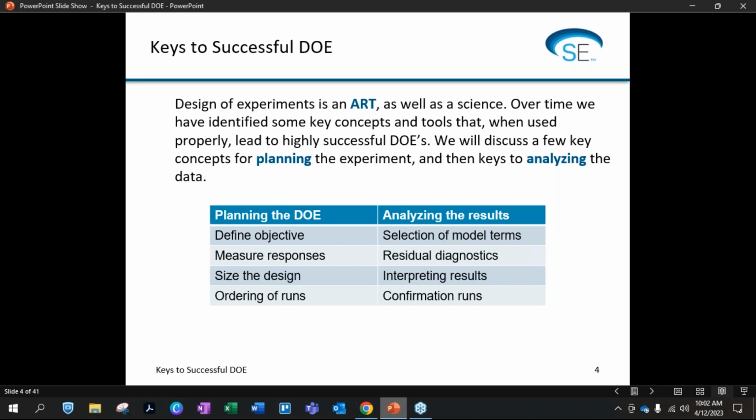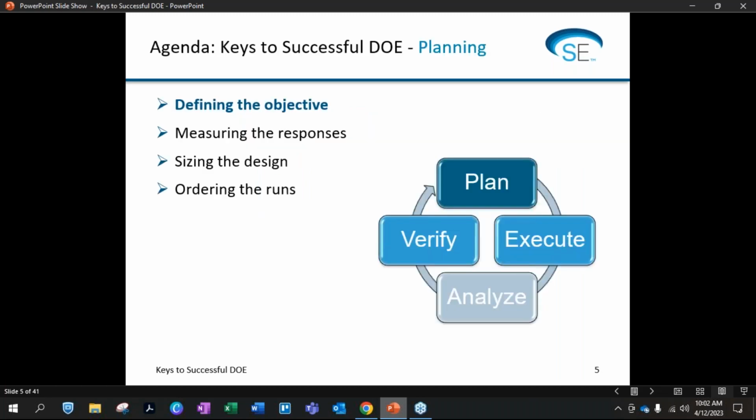That'll be part one of the session, and then some keys to analyzing the data. And all of this information is just going to be overviews and pointing you to additional resources, as 1 hour is just not enough time to go into these in depth. But I think building a general awareness of these things is the first step, and will just get you started on your journey.